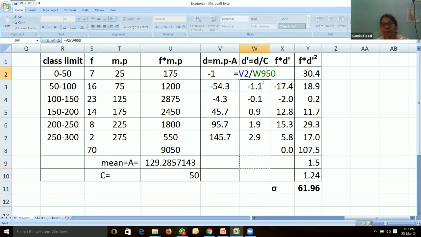So we got this column, and then again you have to calculate f into d dash.